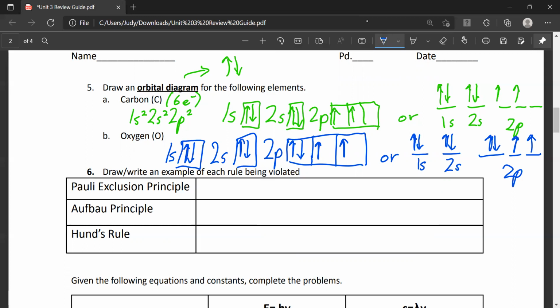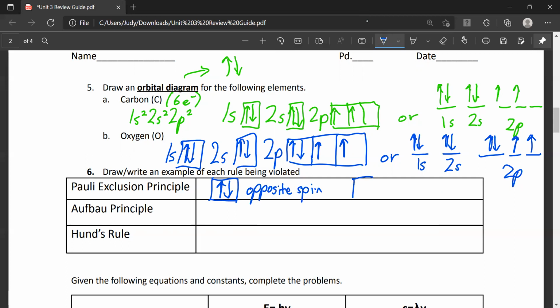All right, so for the Pauli exclusion principle, what it basically means is when you have an orbital or a box, we always have to make sure that we have an arrow going up and an arrow going down. So it's an opposite spin. Always remember that.